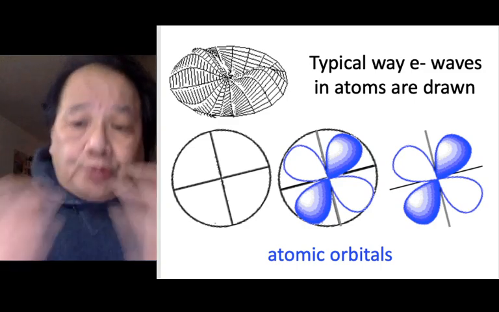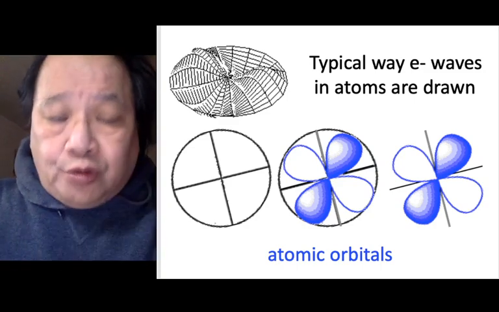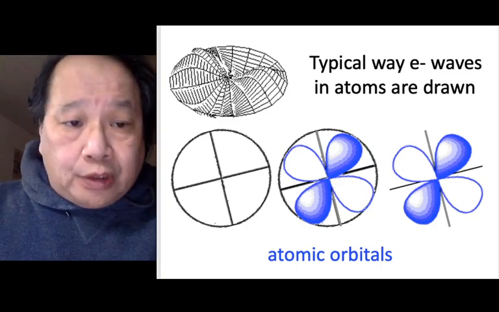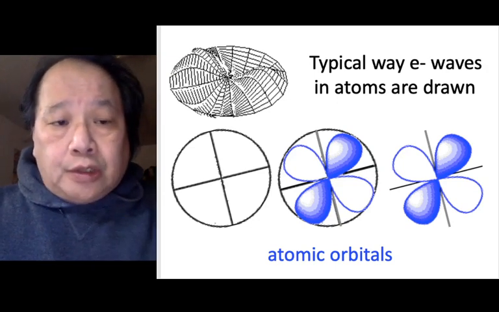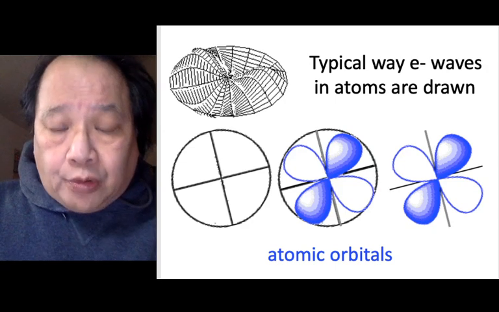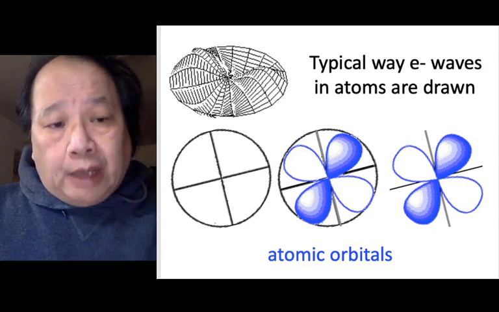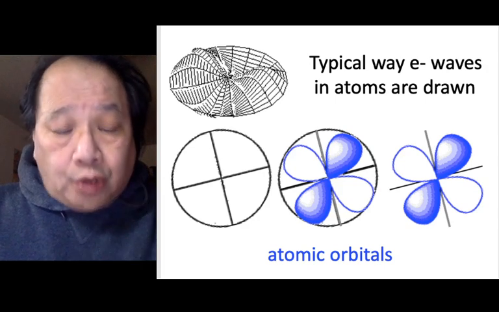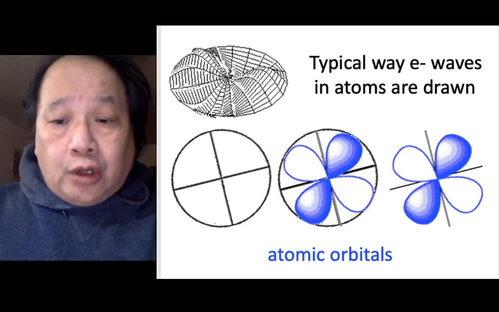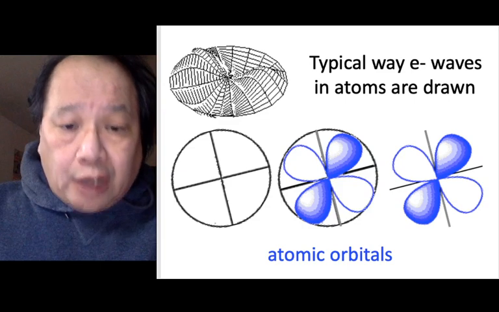And that's where the electron is actually moving. That's where the wave of the electron really is. And the thing in blue is called the atomic orbital. So when chemists want to draw the 3d wave for the electron, they draw the thing in blue, and they call it the 3d atomic orbital.